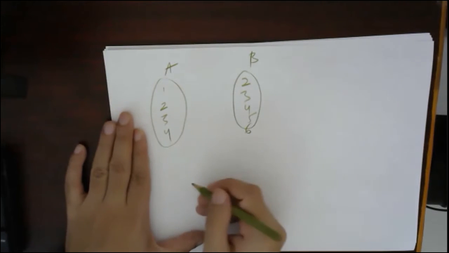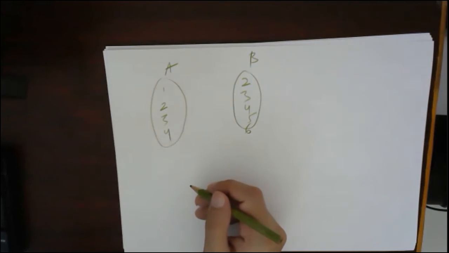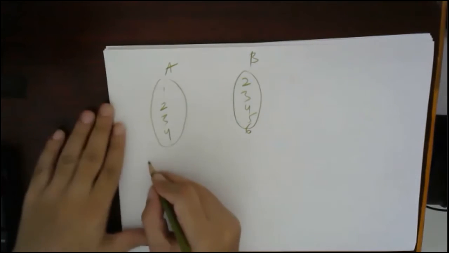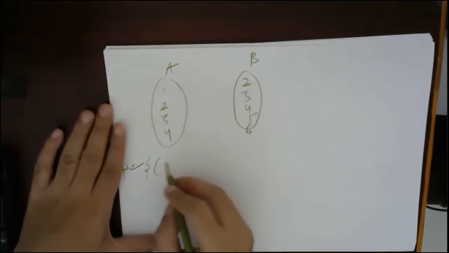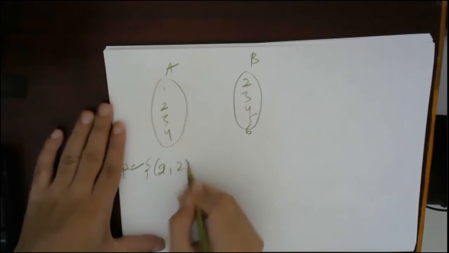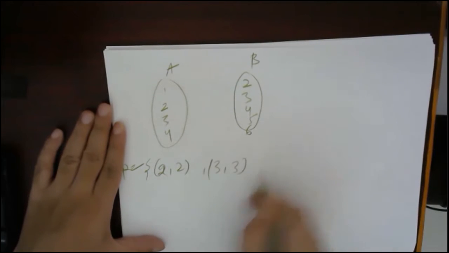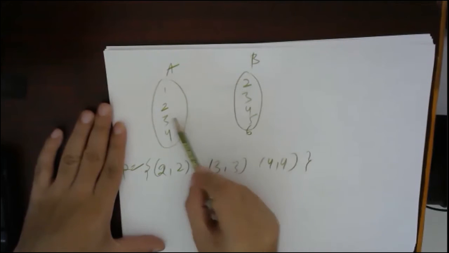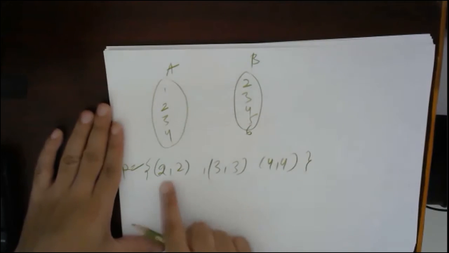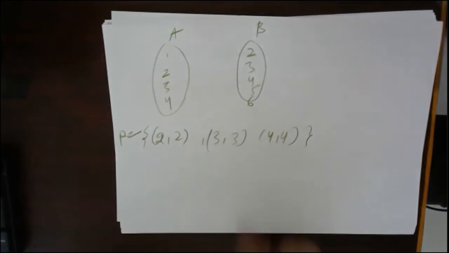Right? And I'm saying that there is a relation R which is given by (2, 2), (3, 3), and (4, 4). Right? A relation is given like this.